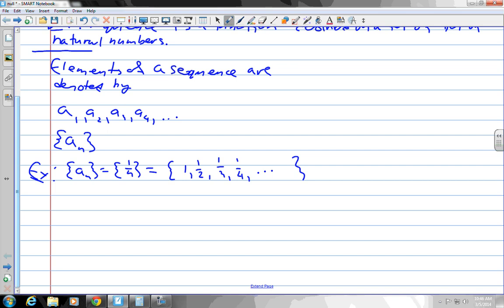Again, there's not much difference between playing with functions and playing with sequences as far as what you get. You have an independent variable, in this case n, which is a natural number, then you have a dependent variable, depending on how we define the sequence. Sometimes we have a nice definition of a sequence, sometimes we just have a pile of numbers. It's a set of numbers.